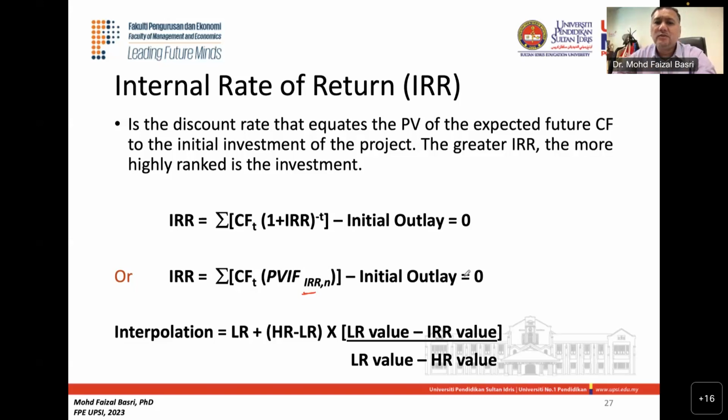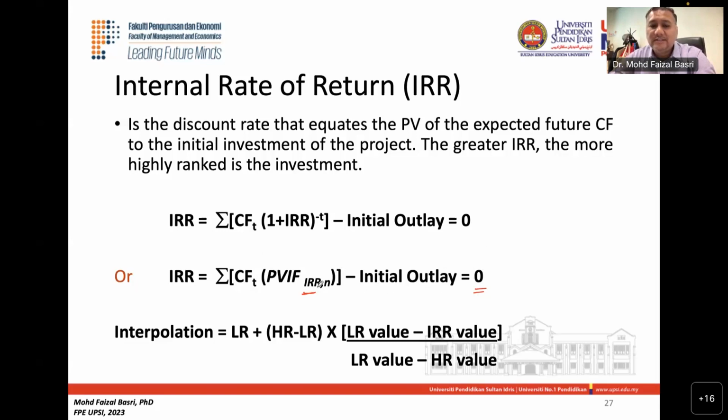So we want to know at what point, ataupun at what rate, the total present value of cash flows and the initial outlay are at the same value, which equates to 0. So when we minus these two, we get 0. So this present value must be exactly the same as the initial outlay. In our example just now, the initial outlay was 250,000.